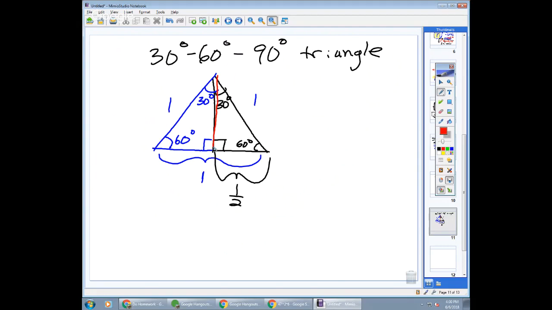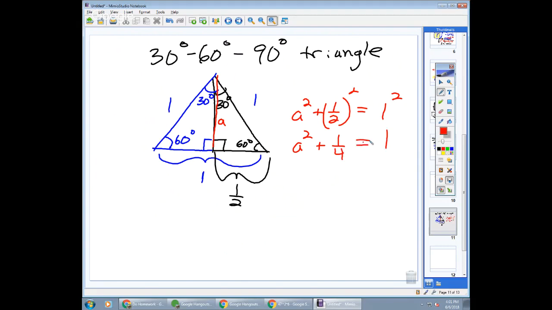So I'm just going to call that A for now, for altitude, one of the legs. So Pythagorean theorem says that A squared plus 1/2 squared is equal to that long side, 1 squared. Cleaning that up, that gives me A squared plus 1/4 equals 1.